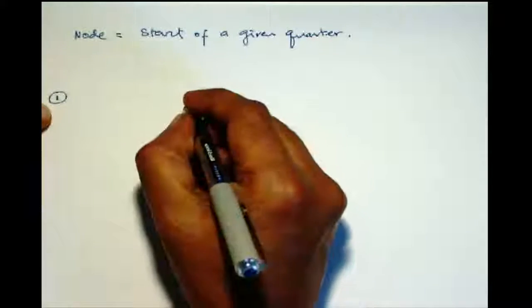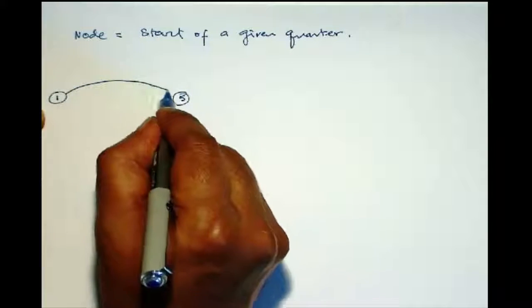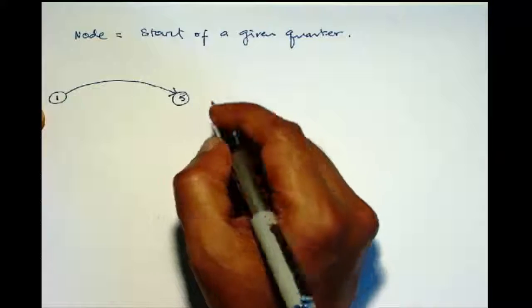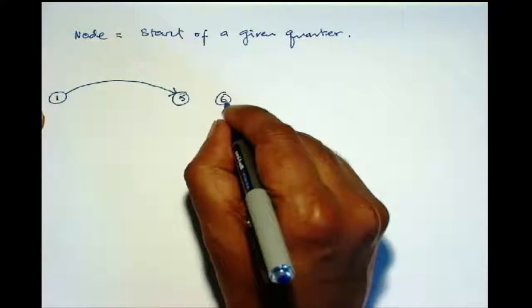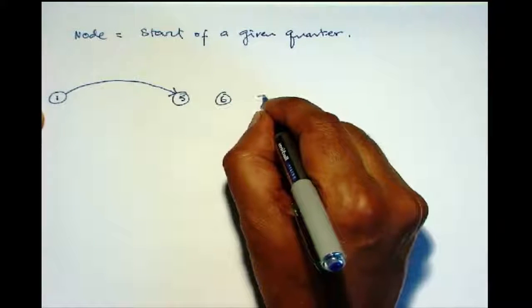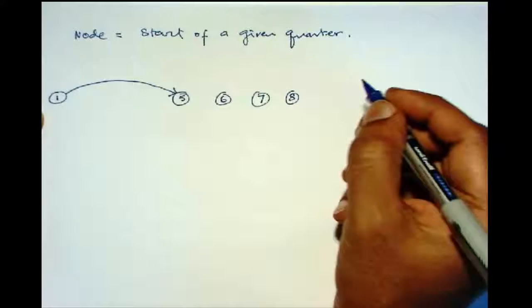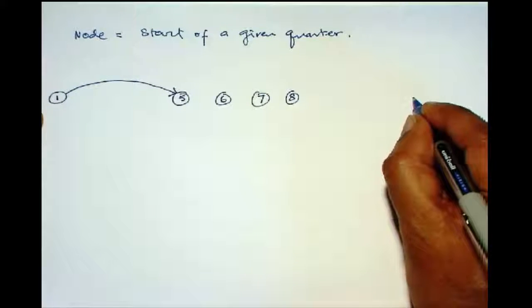So that's when you can sell that machine. Then 6 is the beginning of the 6th quarter, 7, 8, and so on. And we have 20, that's the beginning of the 20th quarter, and then 21, that's the end of 20th quarter.